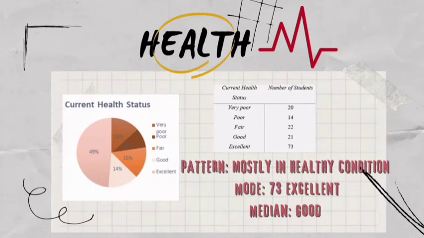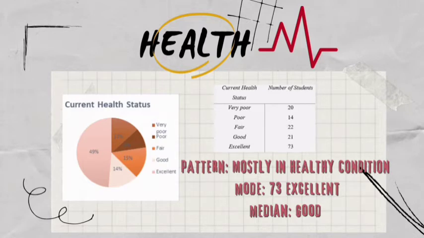Next is the current health status of students in the mathematics course. The health status of students is graded as very poor, poor, fair, good, and excellent. As we can see, the number of students with very poor current health status is 20, poor is 14, fair is 22, good is 21, and excellent is 73.